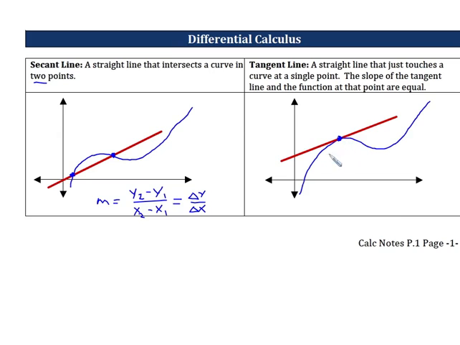Now the problem here is our slope formula requires 2 points, but now we're only given 1 point. So if we could find the slope of this tangent line, then we can also find the slope of this curve at this exact point. Okay, so let's go ahead and discover how we're going to do this.